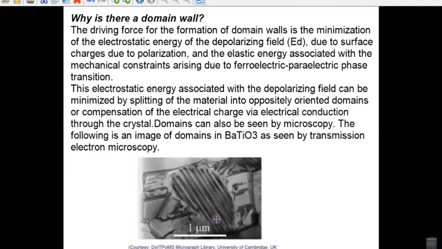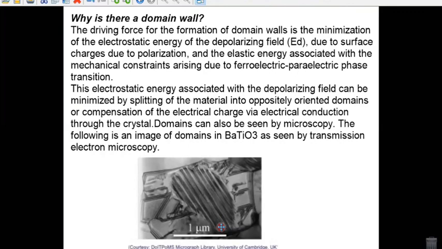So finally, I conclude the ferroelectricity by saying that the increase in the field strength forces the growth of favorably oriented domains at the expense of oppositely oriented domains, and polarization starts increasing rapidly until all the domains are aligned in the direction of the electric field, that is, reach a single domain state.